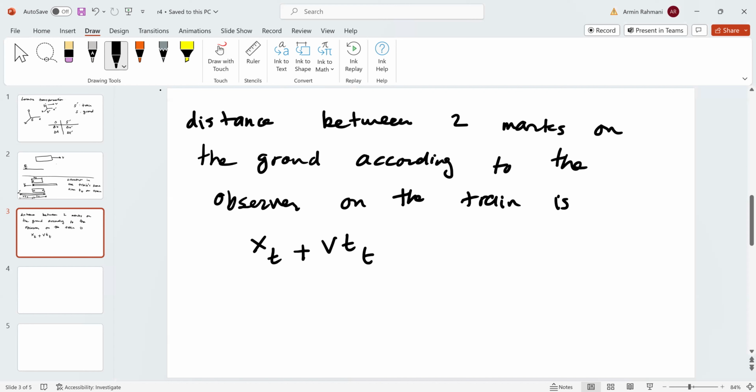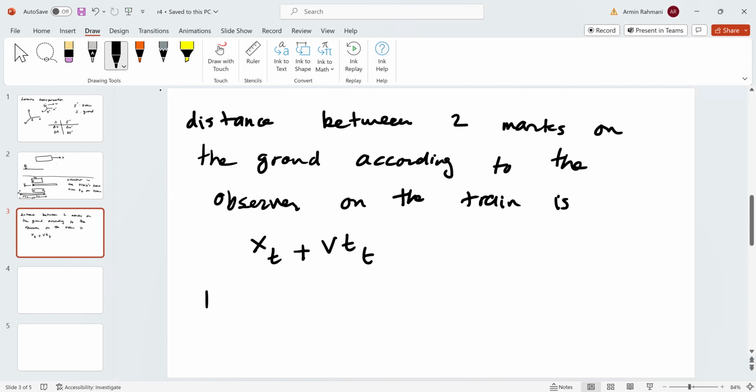right? So this is, again, a length on the ground that the observer on the train measures, right? So the proper length, the corresponding length in the frame of the ground must be larger, so that when it's divided by gamma, it leads to this quantity.